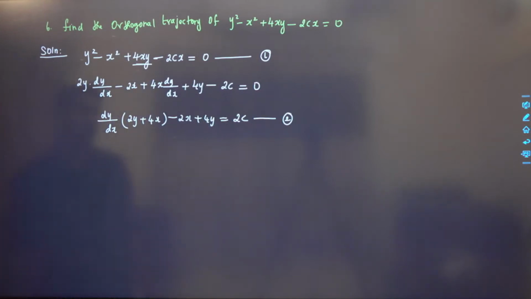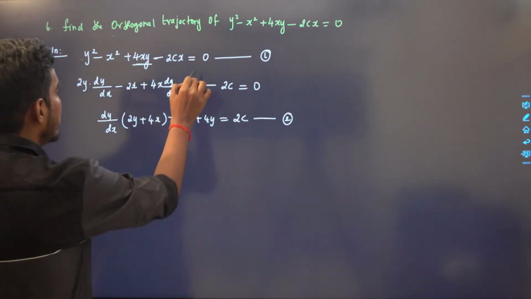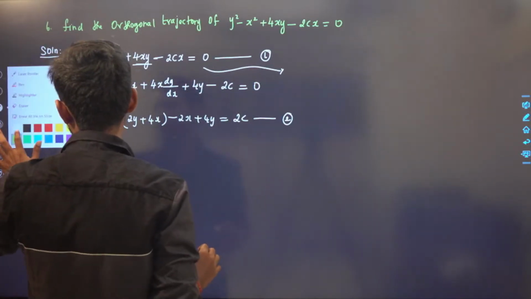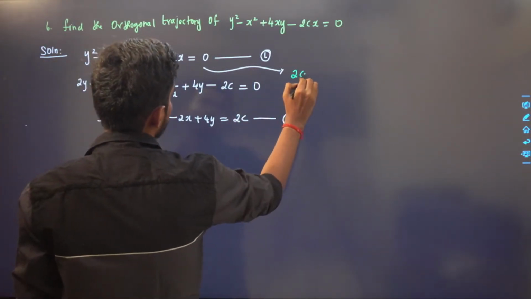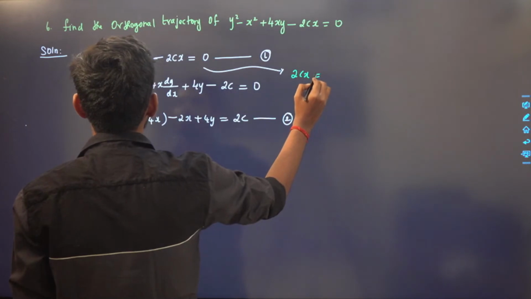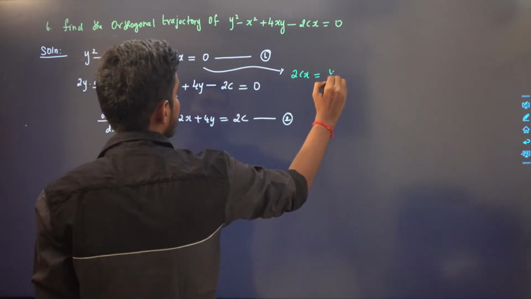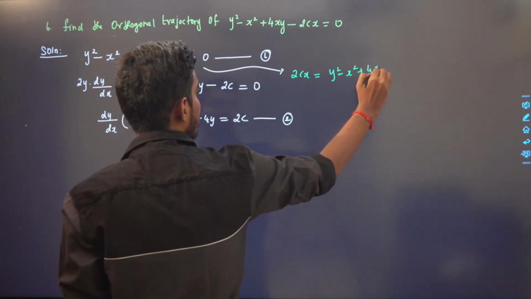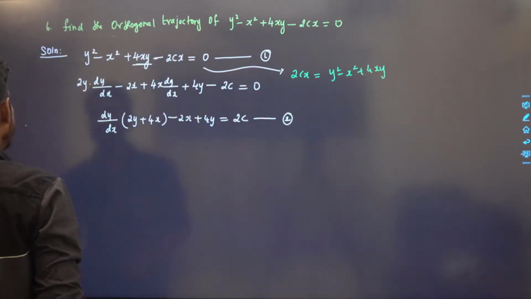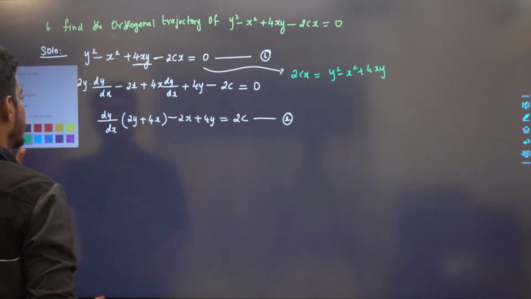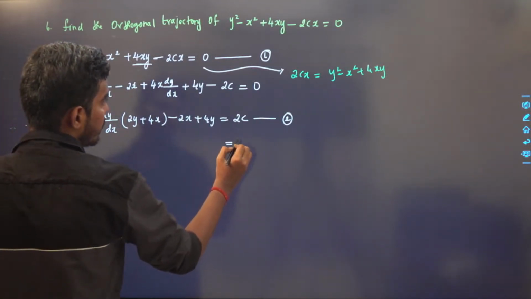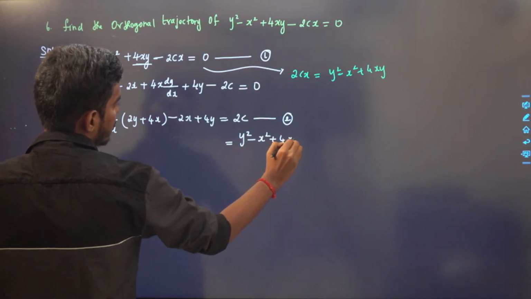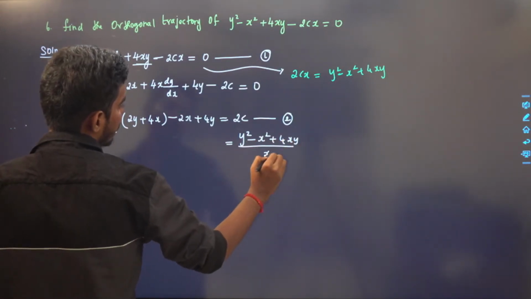Now we will find the value of 2c. What is the value of 2c? 2cx is y square minus x square plus 4xy, so your 2c will be y square minus x square plus 4xy divided by x.